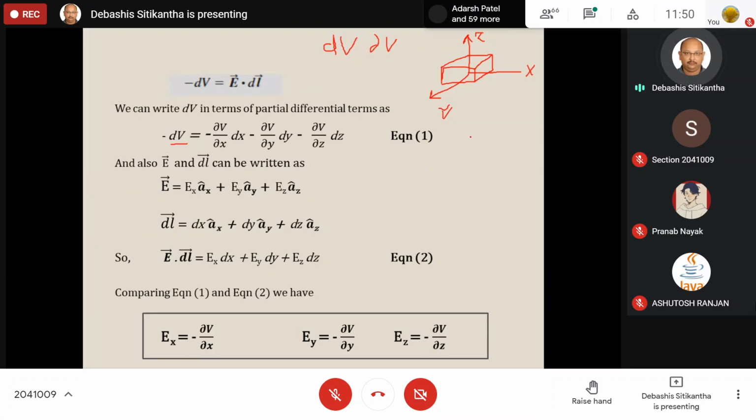Now, for example, suppose I take a long conductor. If I measure the voltage at this point and at this point, they may be different, because in between these two points the resistance may be different. Whereas if I measure between this point and this point, it may be the same.